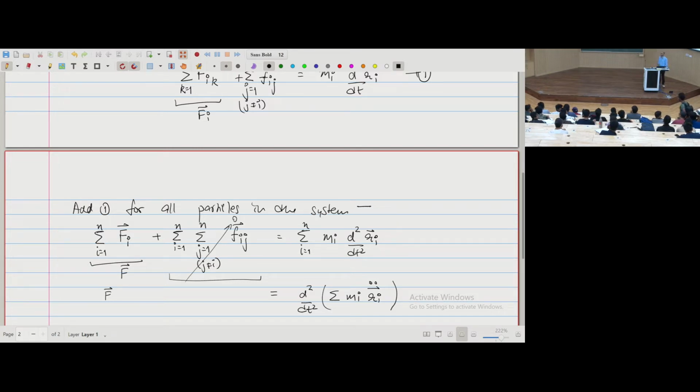In the next lecture, we will see what happens if the masses start to change. That is when we talk about rocket science. But till now, we are assuming that the mass is not changing, so the derivative of mass with respect to time for any mass is going to be 0. So this is allowed.